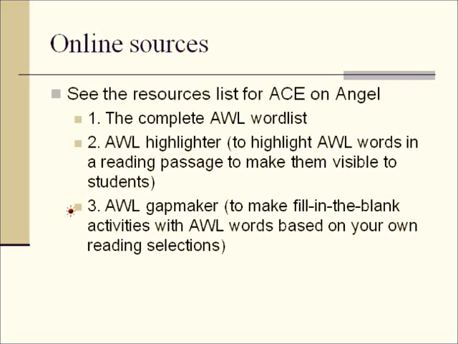And there's the academic word list Gapmaker. Gapmaker is a British term for what we call fill-in-the-blank activities. You put in a reading that you're using, and it'll pull out the academic word list words so that you end up with a fill-in-the-blank activity. Pretty cool.